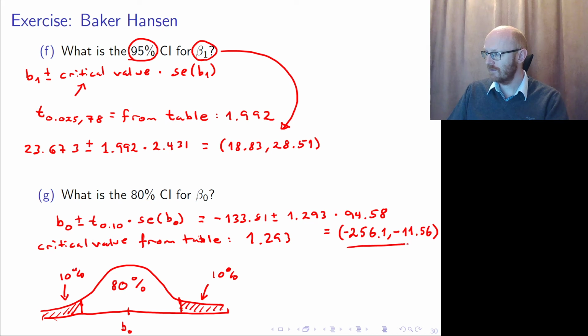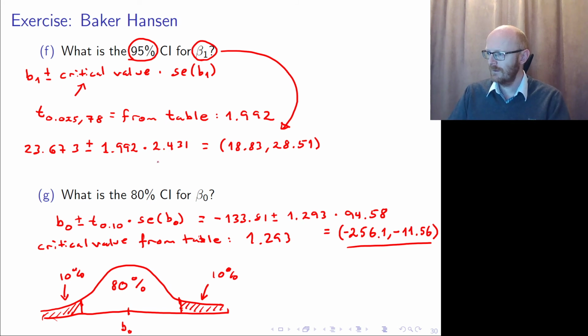So this is our 80% confidence interval, which means that we are 80% certain that the true intercept is captured by this interval.